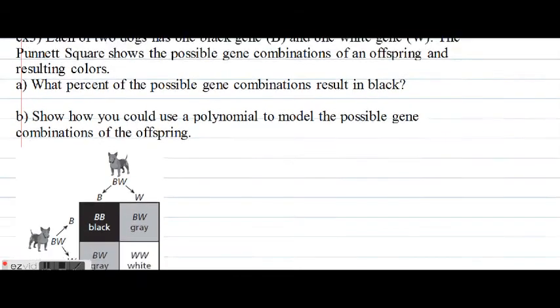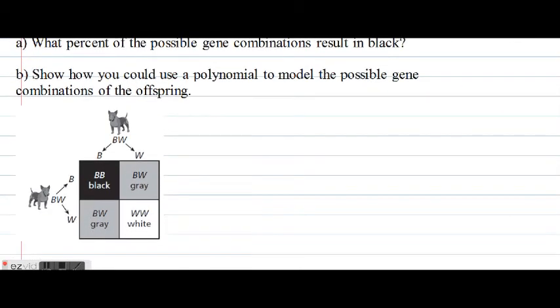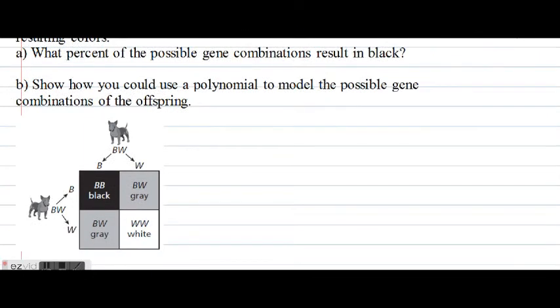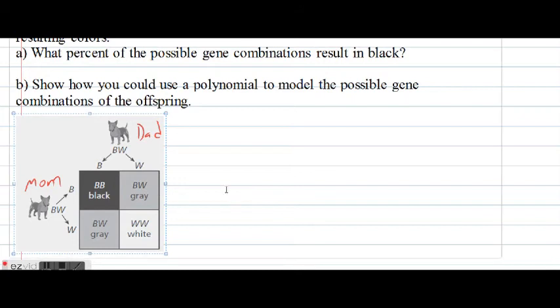And this is just to figure out, so let's say this is the papa dog, and there's the mama dog. Alright? All this is trying to show is how are offspring, the kids, the puppies, how are they going to become the colors they are? So what this problem is saying, each of the 2 dogs has 1 black gene and 1 white gene.